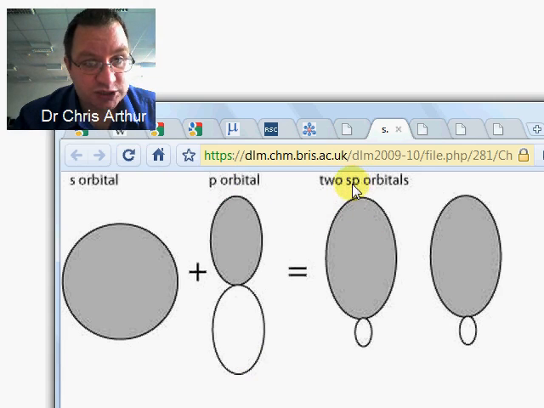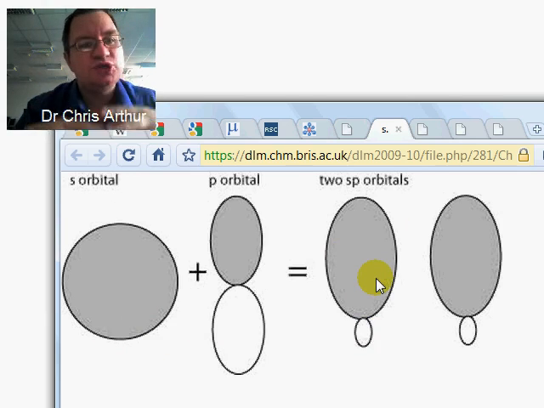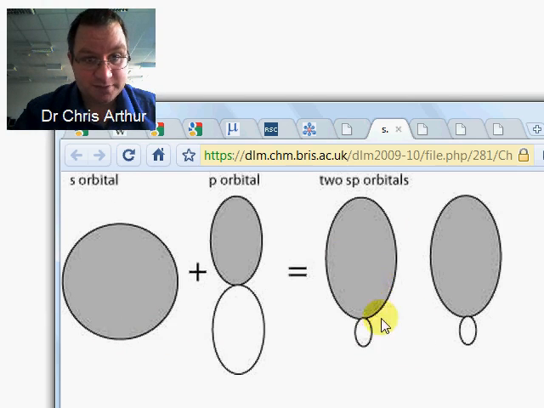The nomenclature just means s and how many p's we're mixing. So we make two sp orbitals, and you'll see that the negative phase of the p orbital has cancelled out part of the s orbital positive phase, and we're left with this small negative phase here and a large positive phase. We have two orbitals to begin with, so we end up with two orbitals at the end. So we have these two sp orbitals.